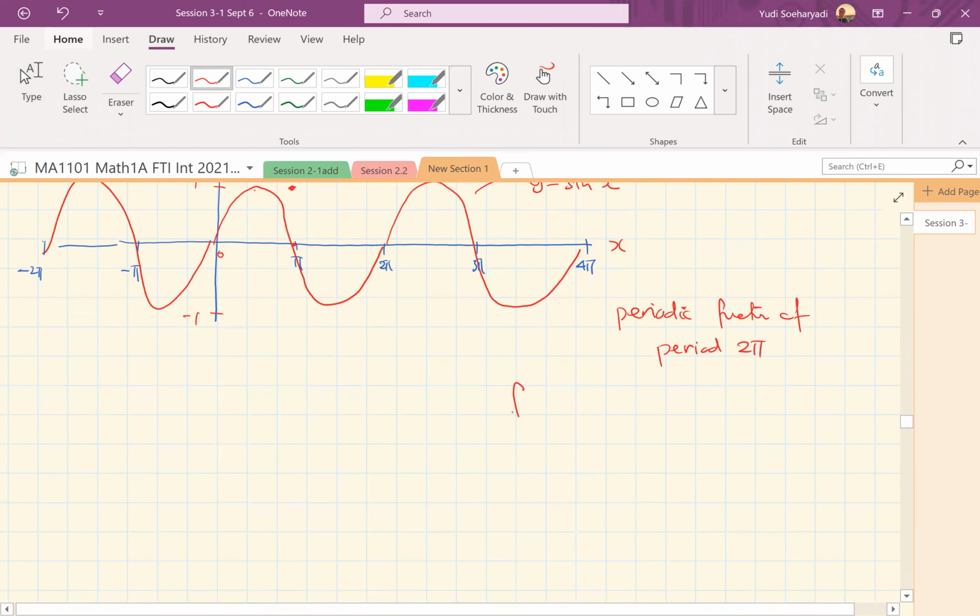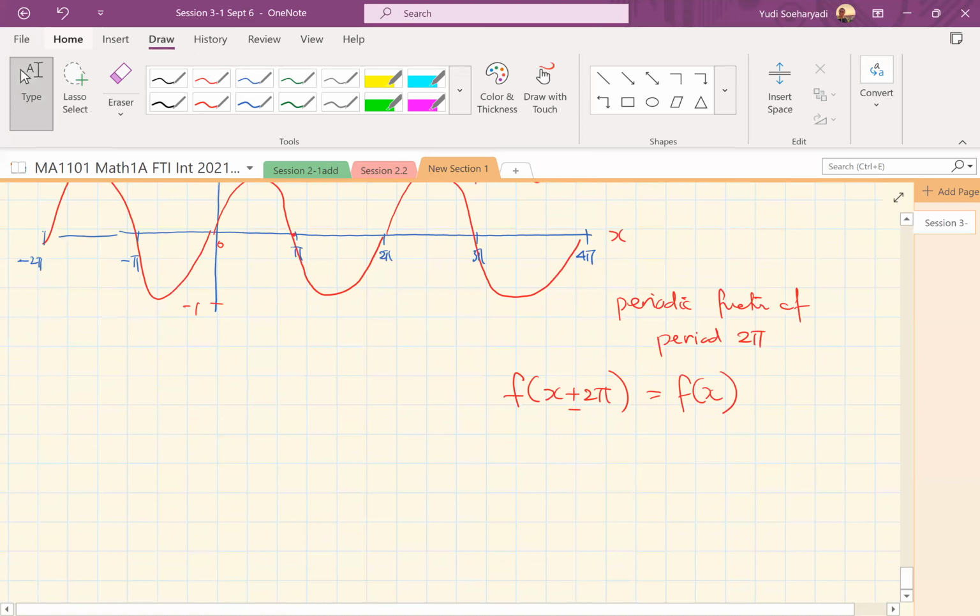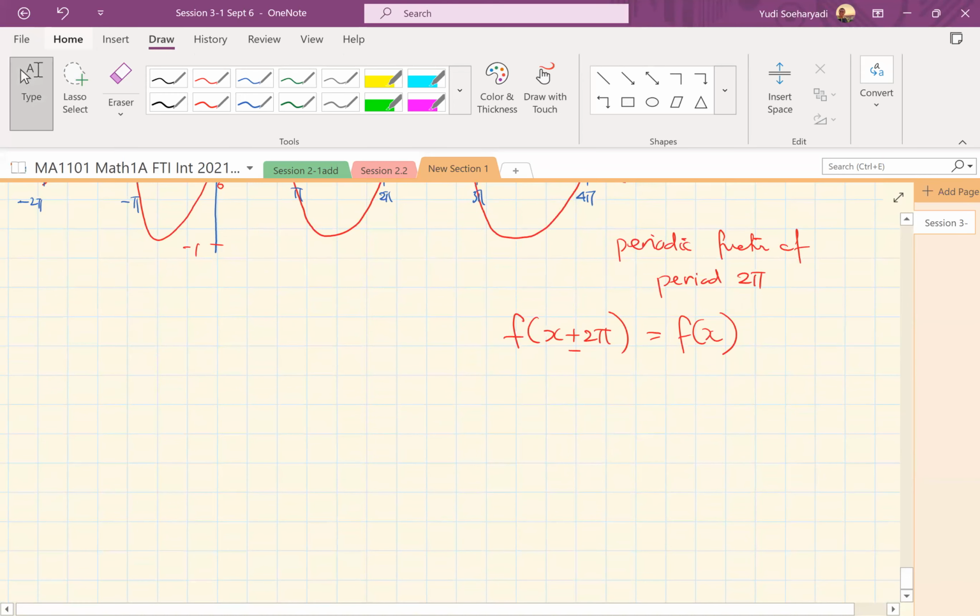Because if you add or subtract 2 pi, you still get the same thing. So the trig functions, sine and cosine, are periodic of period 2 pi.